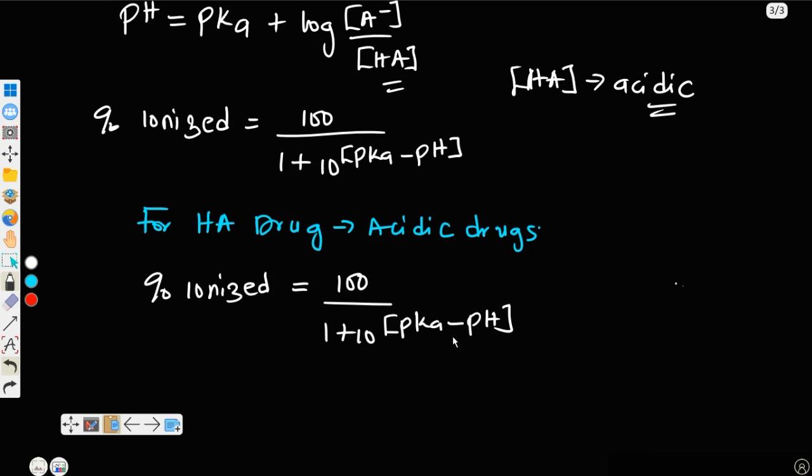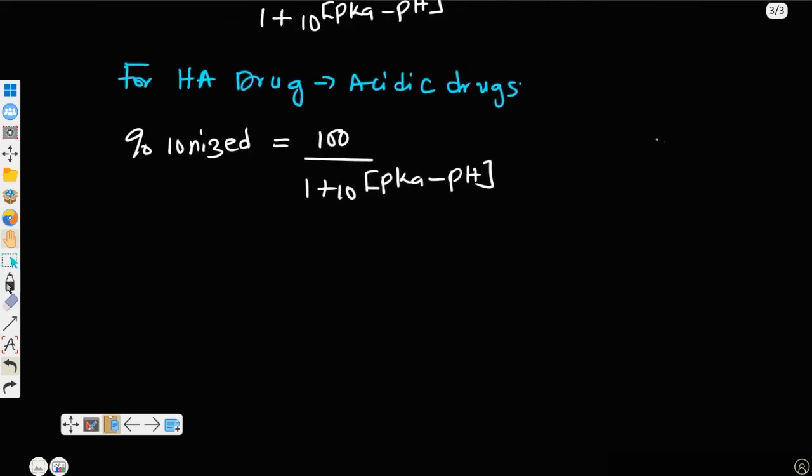Now that you have known this, the next one is the percentage of unionized drug. I'm trying to think of a way to actually prove this formula, but time no even day. Let's just memorize it.